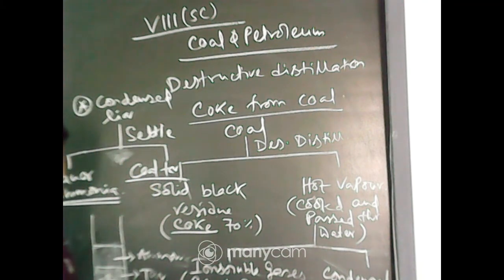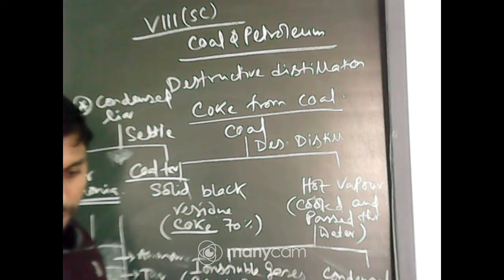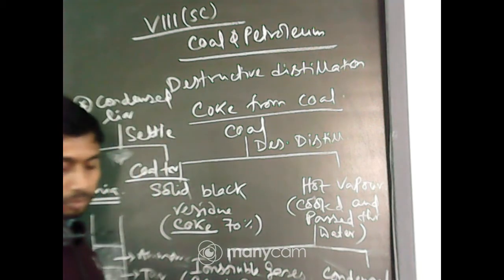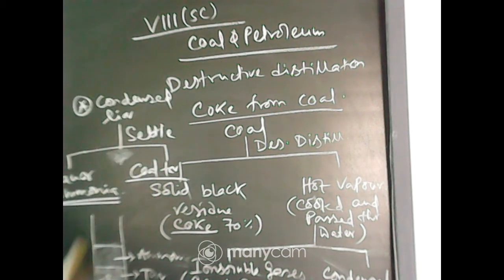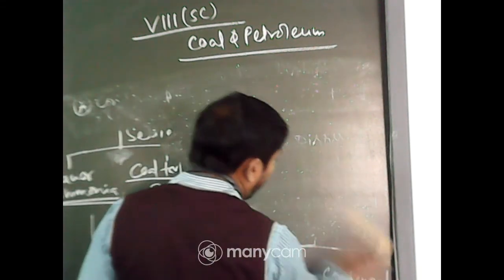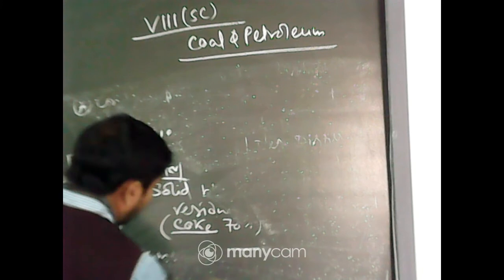After ammonia, liquor ammonia, or you can write ammonia solution also. So this is the total flow chart of products we got from coal.